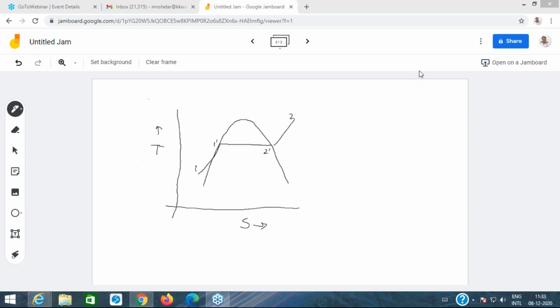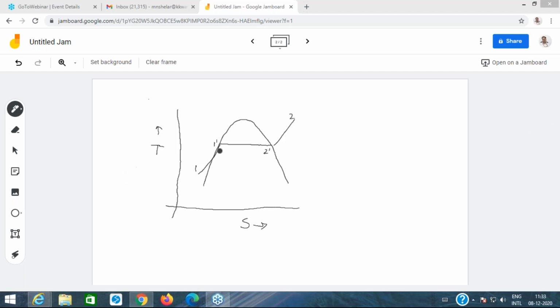What is the state at 2 dash? Yeah, right, Sushant. What is the state of the working fluid at 2 dash? Correct. It is dry saturated steam. Right. Correct, Kunal. Kamlesh.